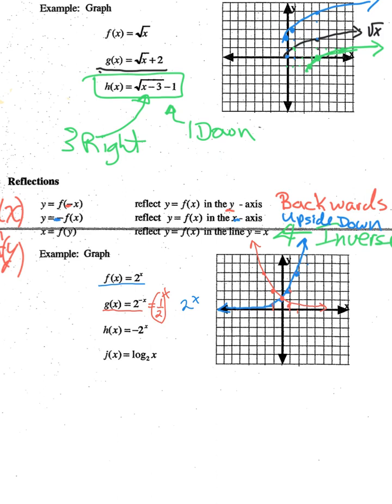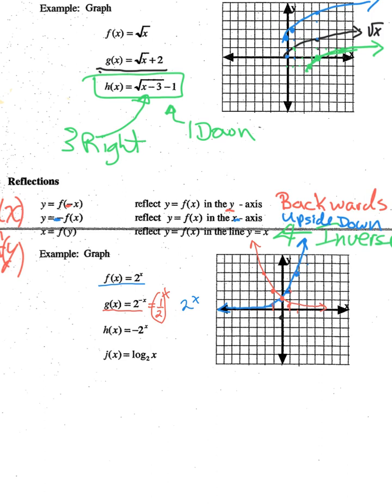Okay, what about if I graph negative 2 to the x? Well, now I'm graphing a reflection in the x-axis. So I'm going to take this blue graph and I'm going to flip it upside down. So this point x is 0, y is 1 becomes x is 0, y is negative 1.